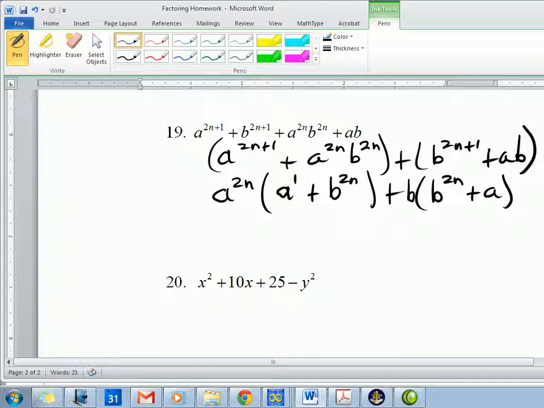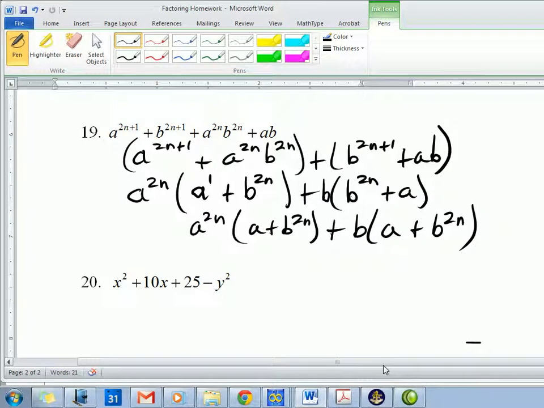Now, the commutative property tells us that a to the 2n times a plus b to the 2n is the same exact thing as over here. I just flip those around, and that's going to be a plus b to the 2n. Let's bring this over a little bit so we can see, just like that.